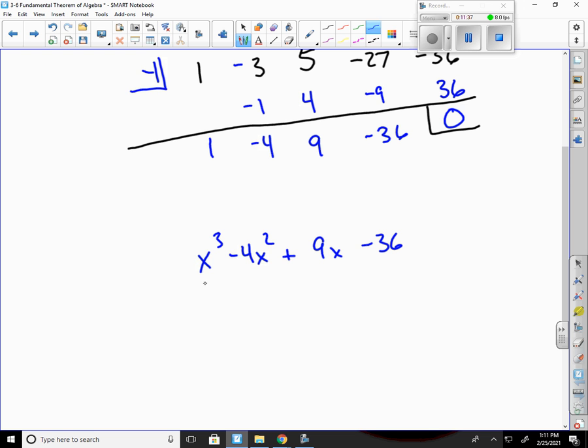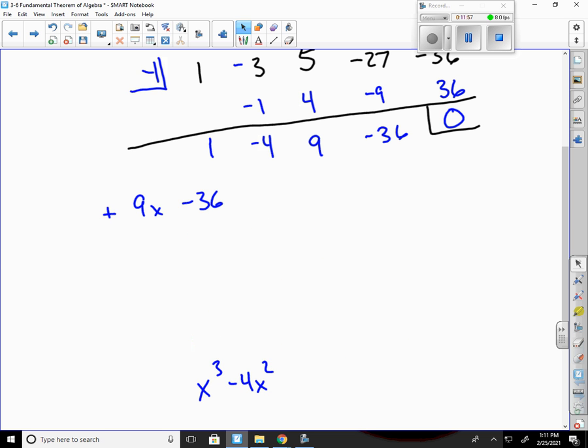Now, since I'm trying to find all my roots, I know that -1 is one, which means I have 3 more to find. I don't technically have to do this step here because I know what all these are, my coefficients. I also know that 4 is another one of my roots.